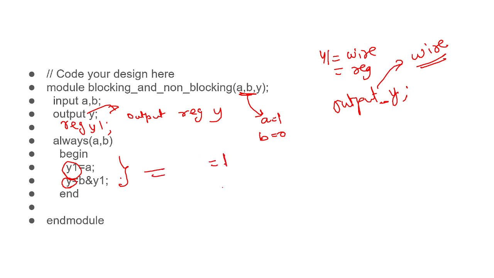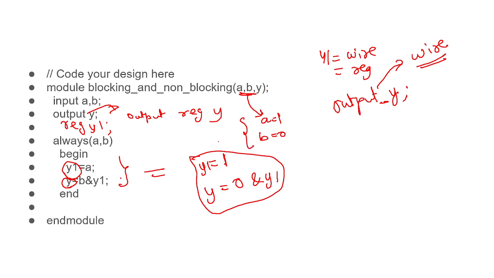A is 1 and B is 0. If this is the input I am applying through the test bench, then this will be the execution statements.